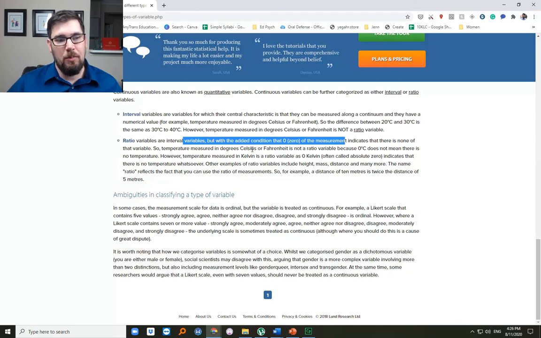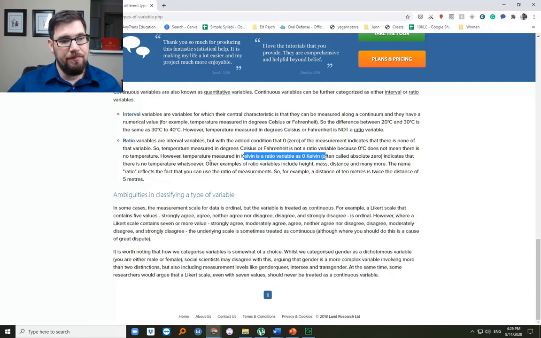I was trying to think of a better example. The temperature as measured by Kelvin does have a true 0. It's an absolute 0.